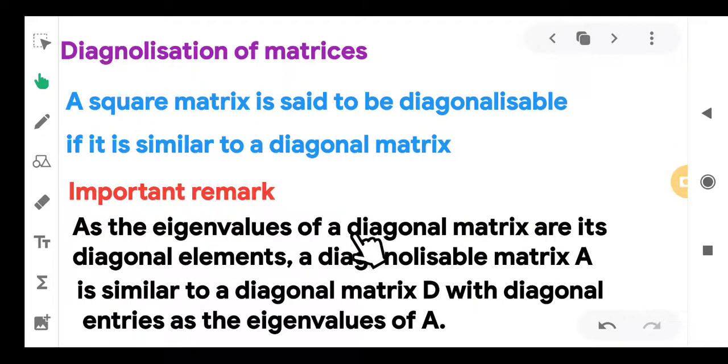As the eigenvalues of a diagonal matrix are its diagonal elements, a diagonalizable matrix A is similar to a diagonal matrix D with diagonal entries as the eigenvalues of A. That means if A is similar to D, then both A and D will have the same eigenvalues. D being diagonal, its eigenvalues are the diagonal elements. Therefore, D is nothing but a matrix consisting of the eigenvalues of A as its diagonal elements.